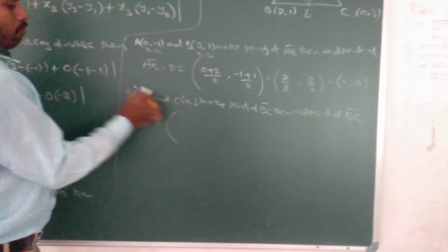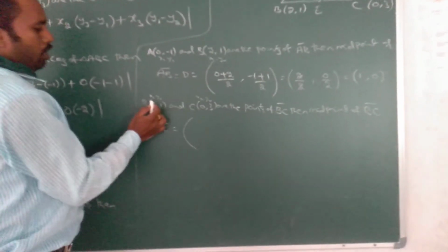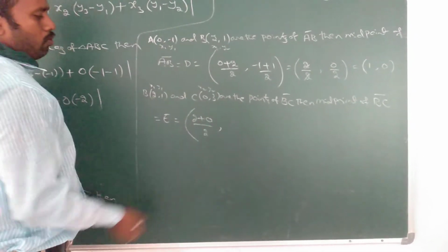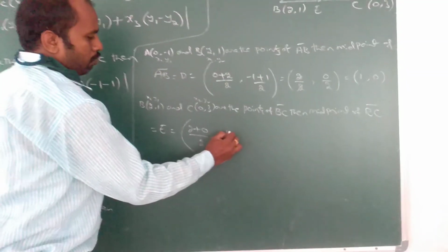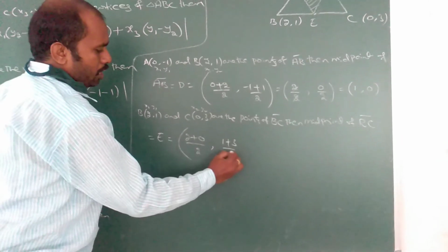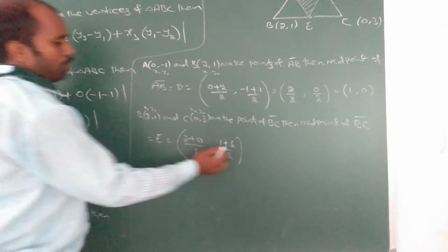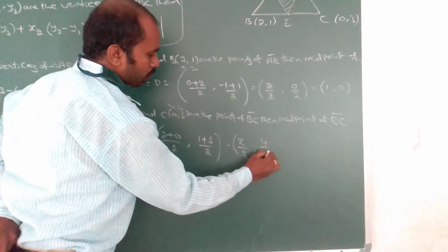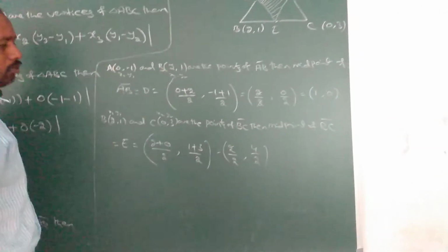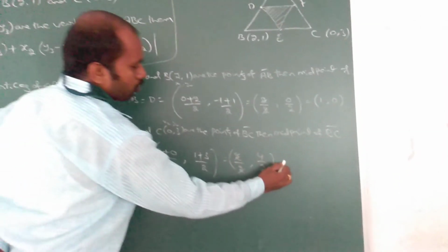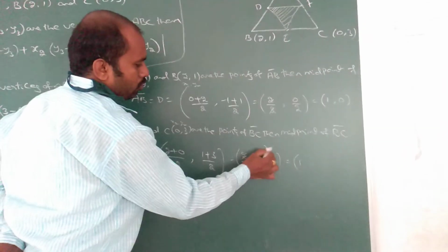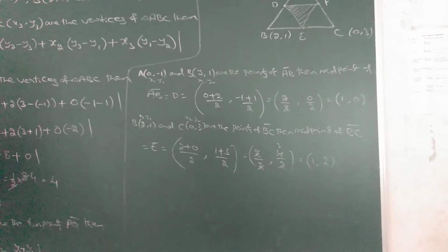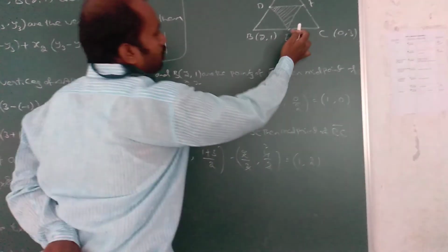This one x1, y1; this one x2, y2. x1 means how much? 2 plus x2 means 0, by 2. y1 plus y2 means 1 plus 3, by 2. Now simplification. 2 plus 0, 2 by 2. Y coordinate 1 plus 3, that is equal to 4 by 2. Now simplification: 1, 2 we get, that is the x coordinate 1, y coordinate is 2. Now the midpoint E is completed.